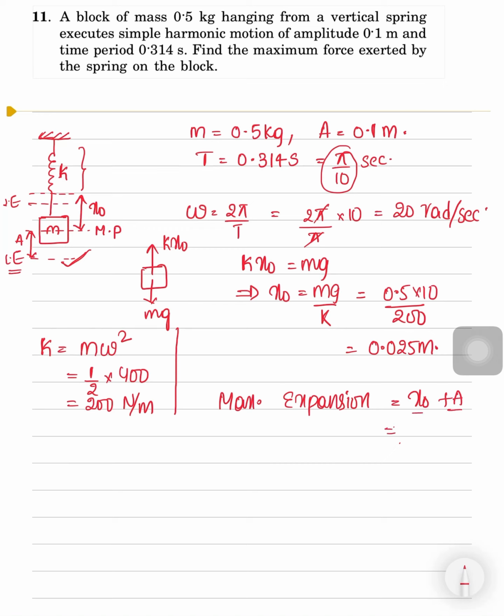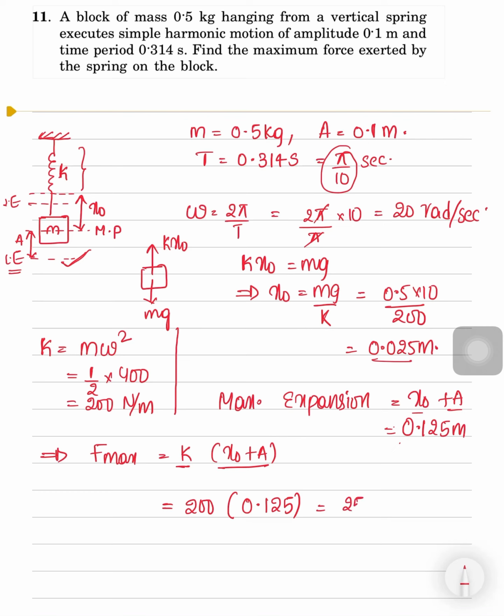So 0.1 plus 0.025 will be equal to 0.125 meters, which implies the maximum force applied, F max, will be equal to k into maximum extension, which is x0 plus A, which is already calculated. Here the k value is 200 and x0 plus A value is 0.125. So this will be equal to 25 newtons. This will be the solution for this question.